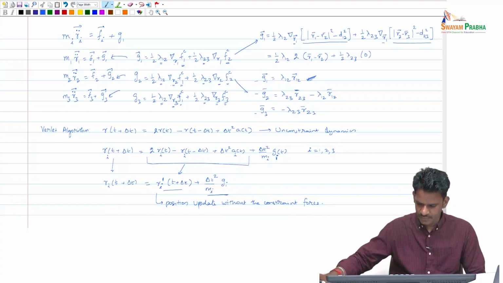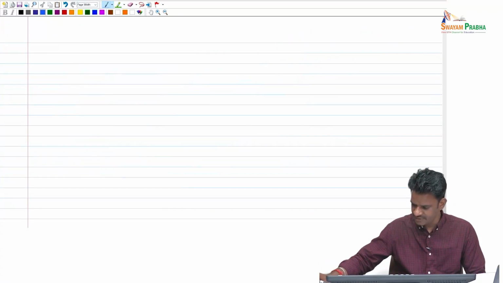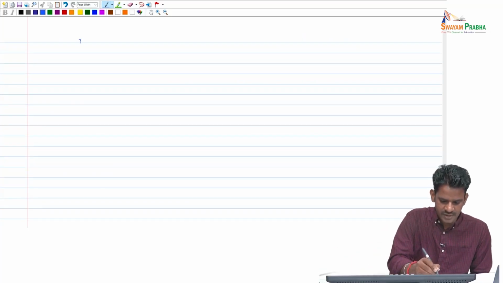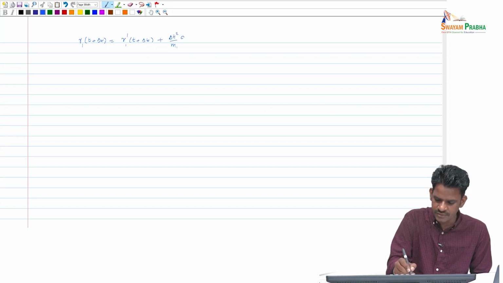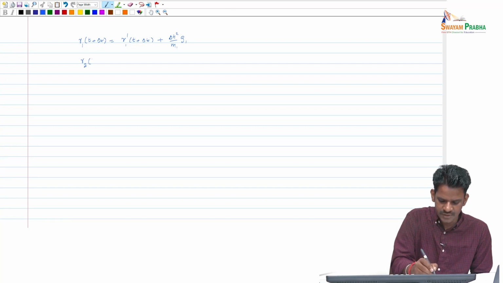So, now you can write it explicitly for each of the atoms here. I am going to write R1 at T plus delta T is R1 prime at T plus delta T plus delta T squared by M1 G1, and similarly for the oxygen.